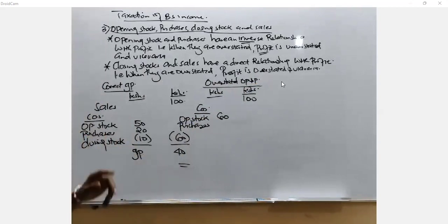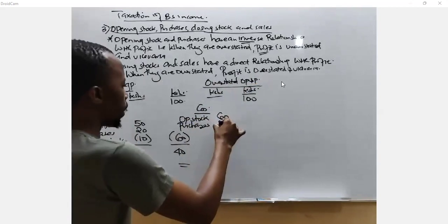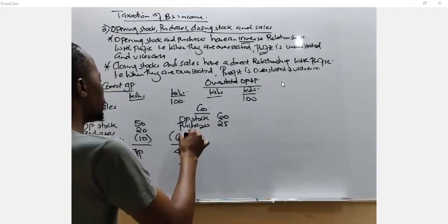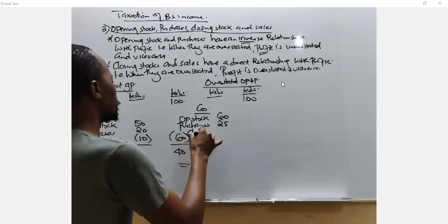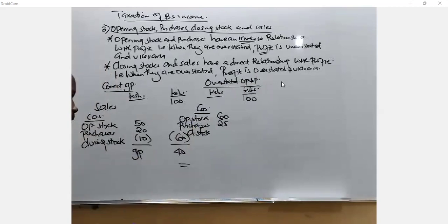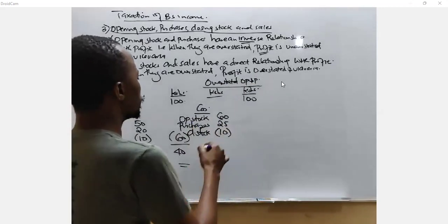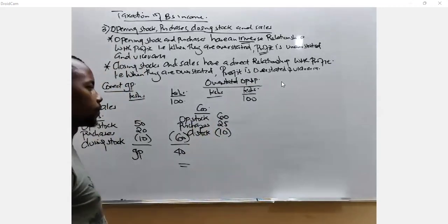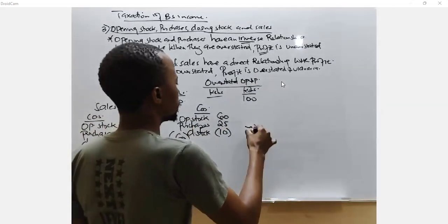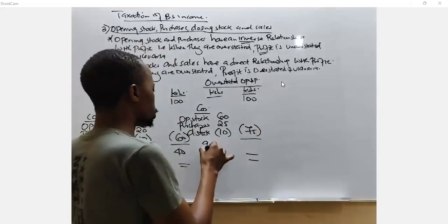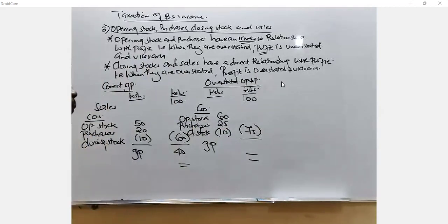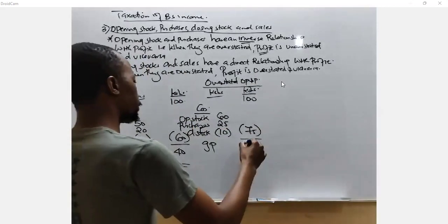Our purchase is 20. Can we put it at 25, for example? Then we have our closing stock, which remains at 10. This is 85. So what is the gross profit? Our gross profit now is around 25.